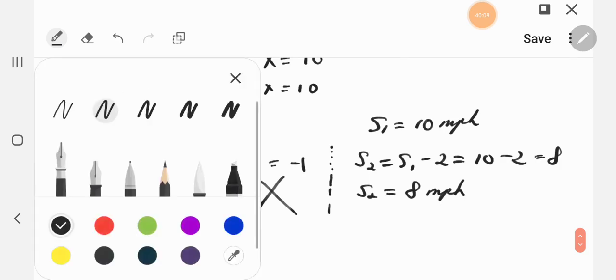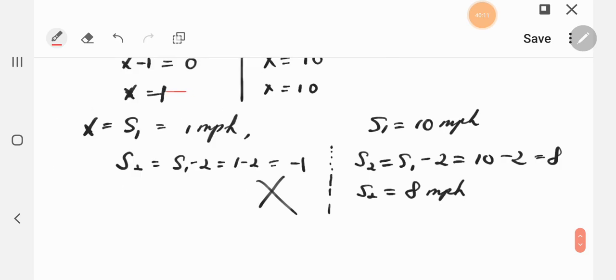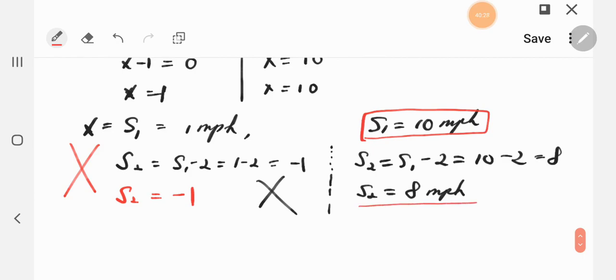So the value 1 does not make sense because s2 cannot be a negative number. So we cannot allow this one. And when s1 is 10 miles per hour, the speed of the second part is 8 miles per hour.